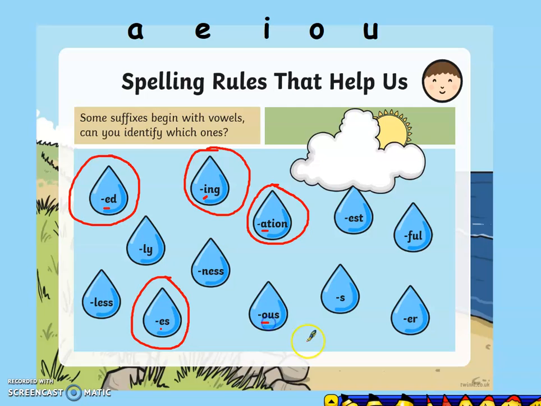Our first letter is O. Yep, O is a vowel. I can see it up here. Est begins with an E. So that's one begins with a vowel. Full. Is F a vowel or a consonant?